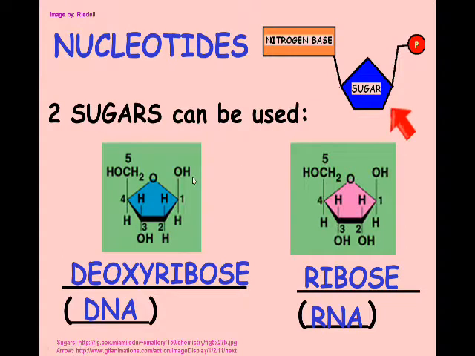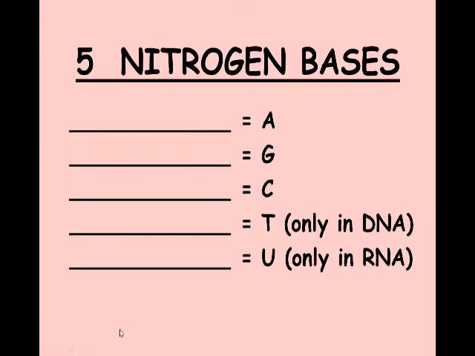Those two kinds of sugar, and they're very similar in structure, are used to make the basic building blocks to build a nucleic acid. So depending on what kind of nucleic acid I want to build, I'm going to put one of those choices into the sugar spot. For nitrogen base, I also have some choices that go in that nitrogen base spot. I can use adenine, and the shorthand for talking about adenine is the letter A, the first letter of the name.